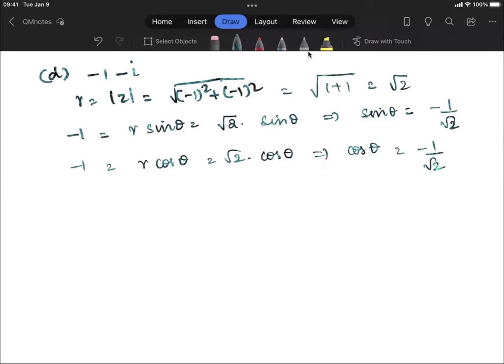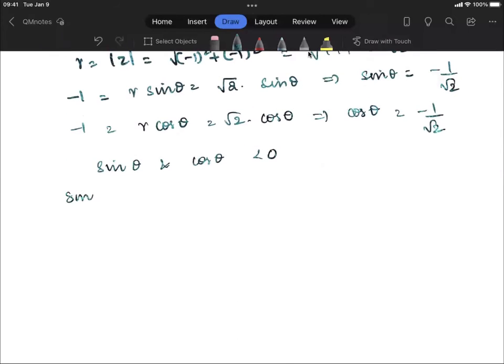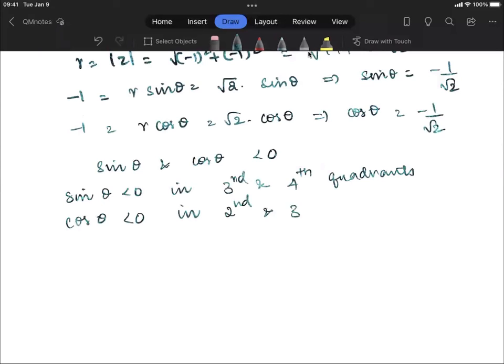So we see that both sine theta and cos theta are negative. Sine theta is negative in the third and fourth quadrants, whereas cos theta is negative in the second and third quadrants. So sine theta and cos theta are both negative in the third quadrant.